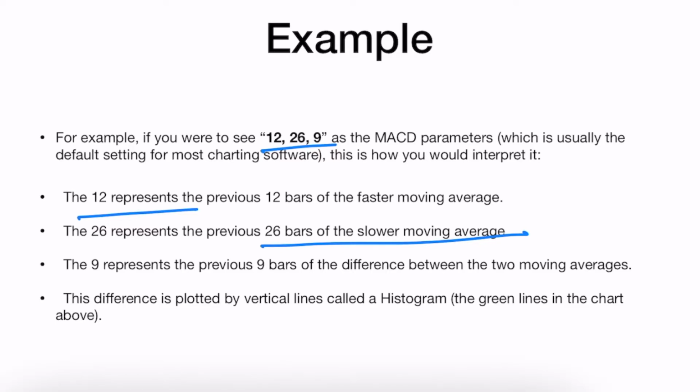And this makes sense because it's a slower moving average, so obviously the period has to be bigger because it has to cover a longer period of time as compared to the faster moving average. And we have the 9, which represents the 9 bars of the difference between the two moving averages over time. And this difference is plotted by using a histogram.